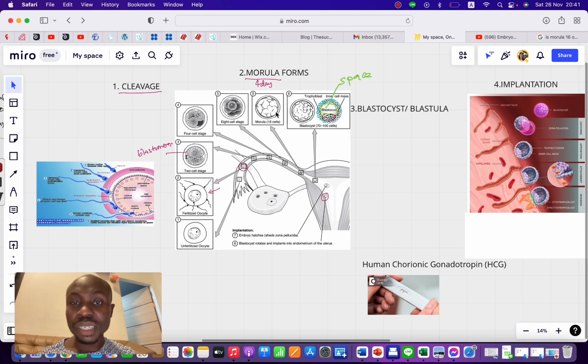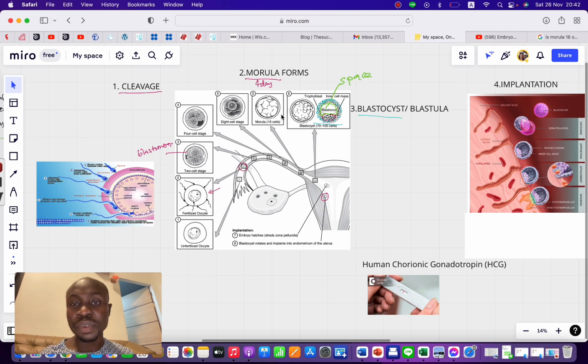We had a morula, which was 16 cells, and now some of the cells have moved to one side, which form the inner cell mass, and because they move to one side, there is a space which we call blastocoel, and they are surrounded by a group of cells we call trophoblast. Now this structure over here we call blastocyst or blastula.